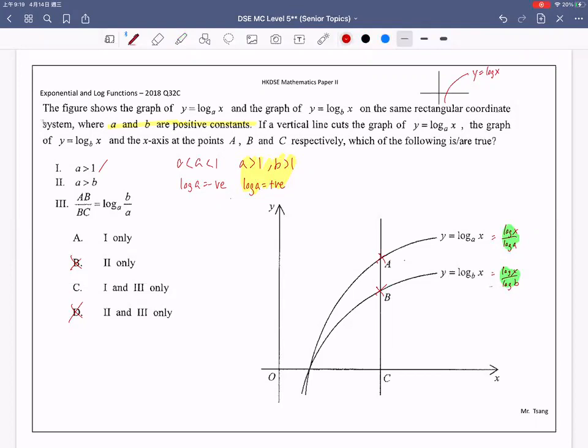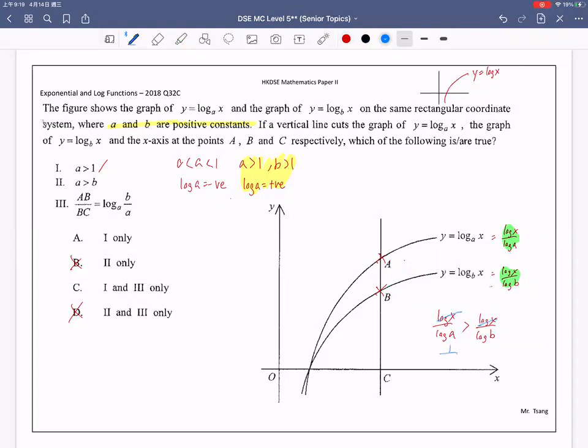Because log x over log A should be greater than log x over log B. In this case, log x should be positive, so here we can just cancel it.